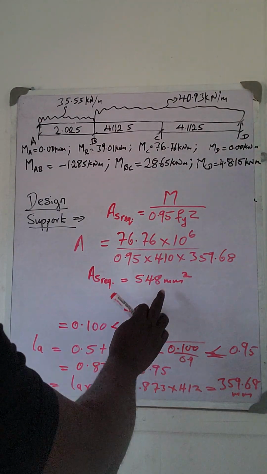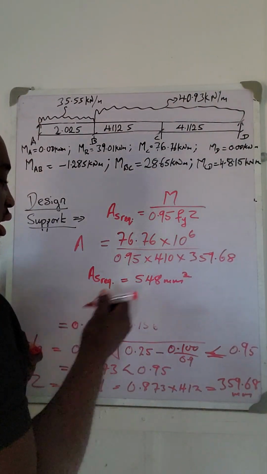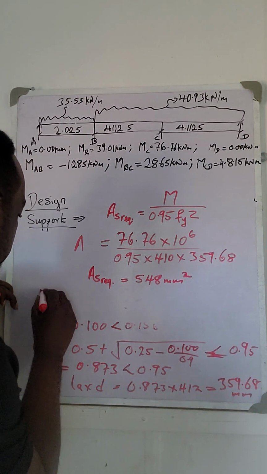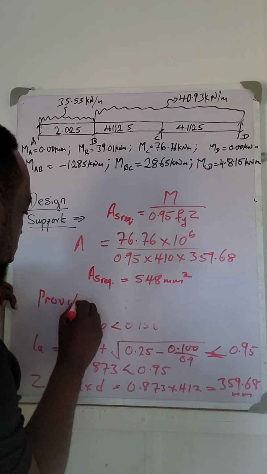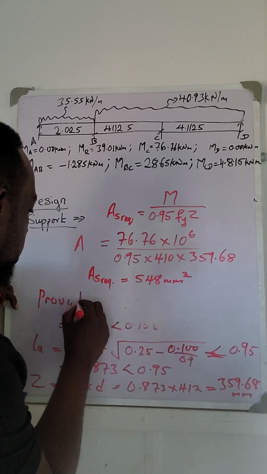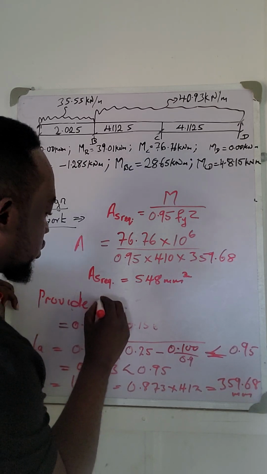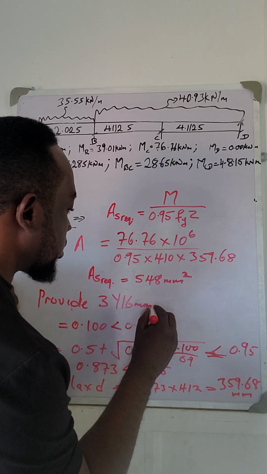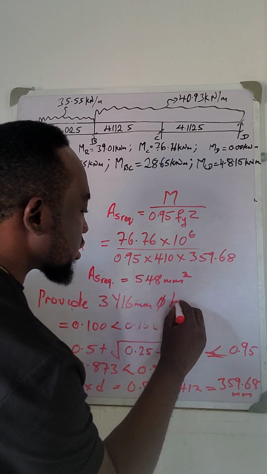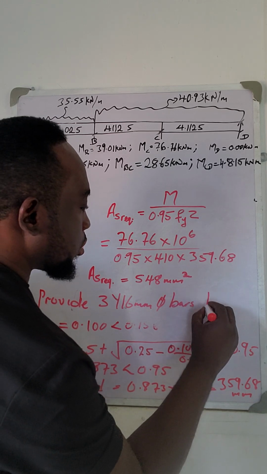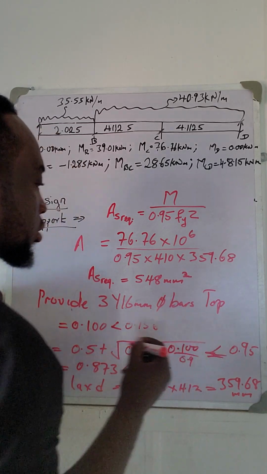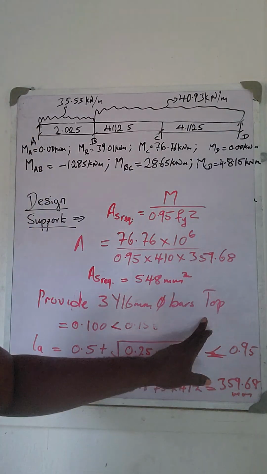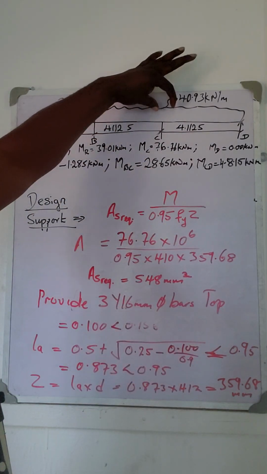So area required is 548. So can I come here and say provide 3Y16 millimeter diameter bars top, because this is a hogging moment. The reaction is at the top.